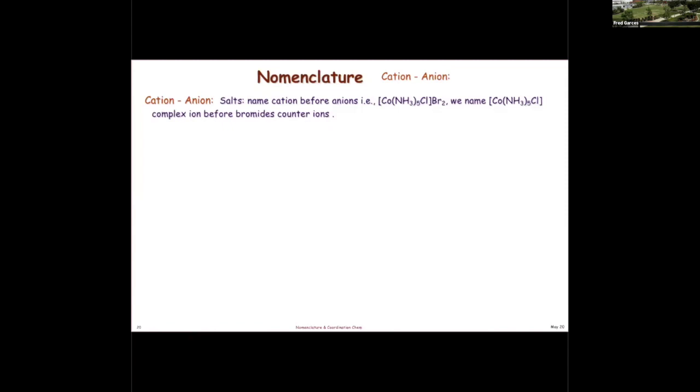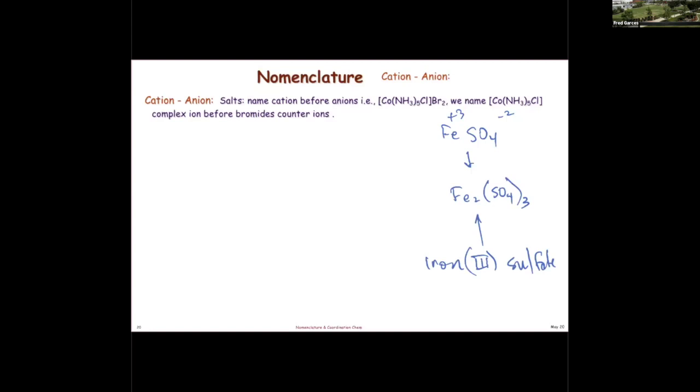Let's say you got iron, and you've got sulfate, and let's say this is a +3 and this is a -2, then the formula we would have is Fe2(SO4)3, okay? And this guy would be called iron(III) sulfate.